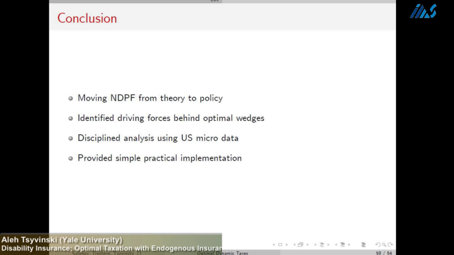So I view our calibration to the US microdata as important to use as the feed into these problems. I identify driving forces behind optimal wedges, again, in the classic public finance setup.